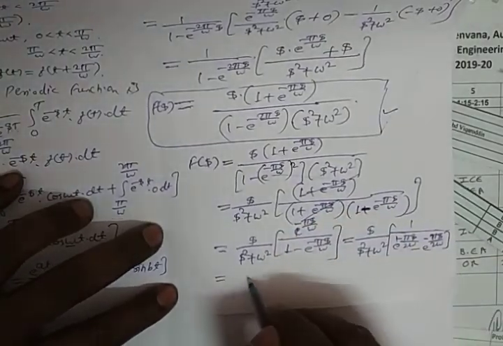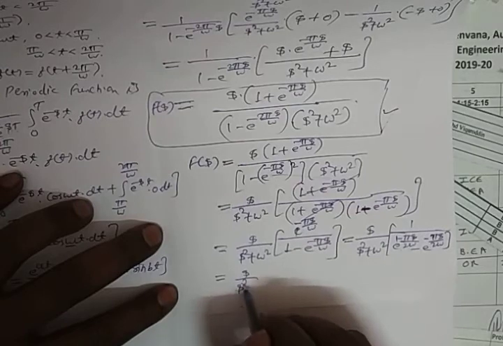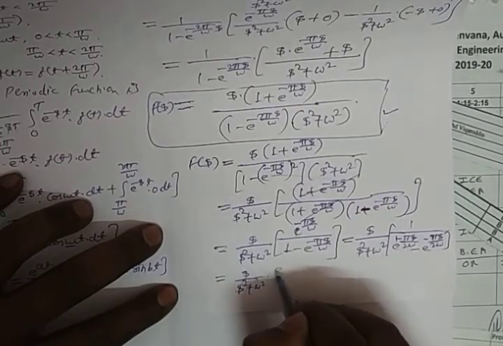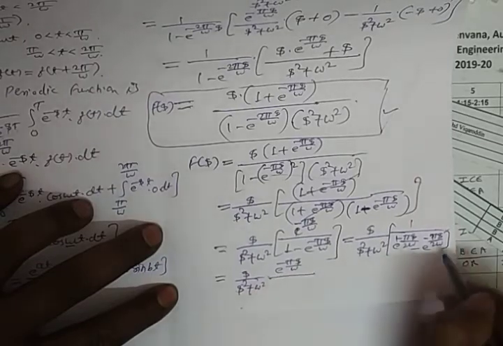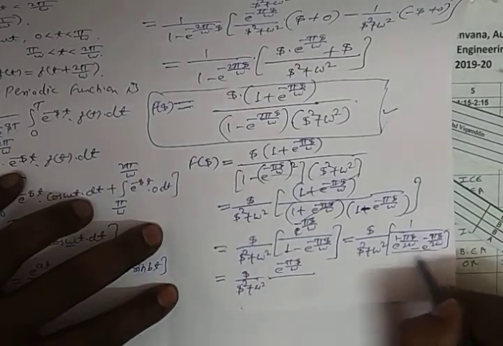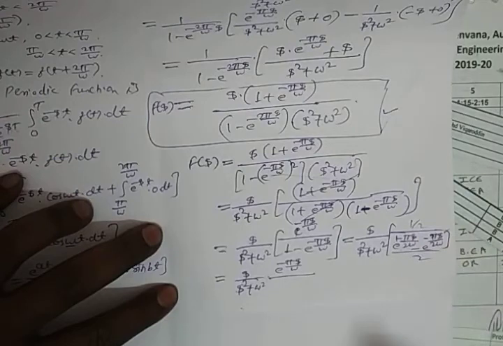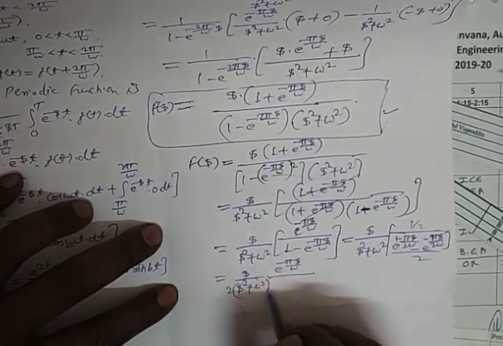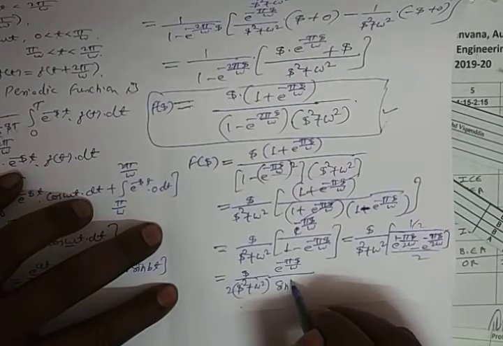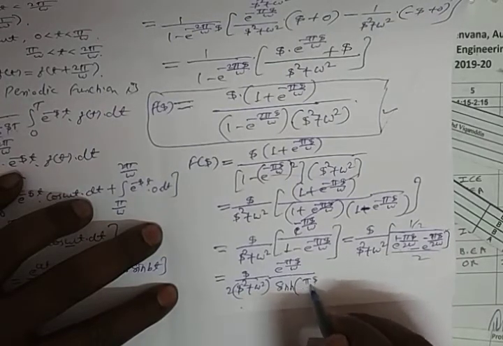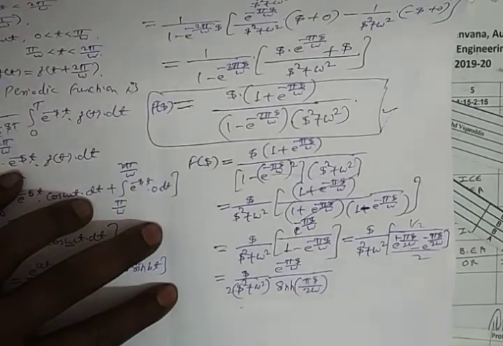And finally this can be written as s upon s square plus omega square into e raised to minus pi s upon omega divided by, if you divide by this 2 and divide by 2, then it will be 2. Okay, and what is this? This is sin hyperbolic pi s by 2 omega.